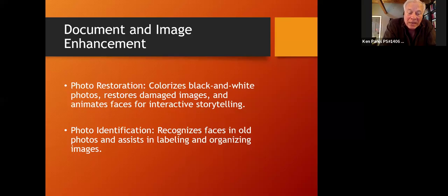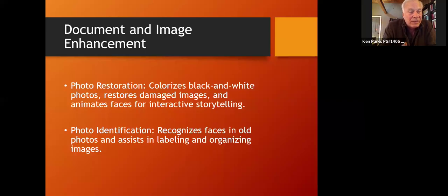They can also help identify people in old photos. For instance, if you have a photo of an ancestor at a certain age, and then you've got another group photo that you think they might be in, but nobody's identified, AI can probably help you pick them out if they're there, and also probably across different time periods.